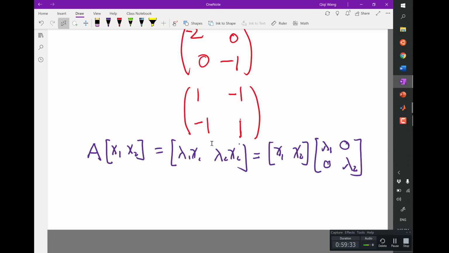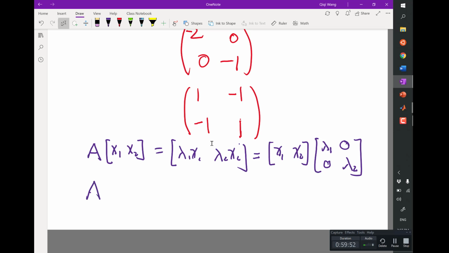If you left multiply by a diagonal matrix, you are multiplying every row by each element on the diagonal. If you right multiply by a diagonal matrix, you are multiplying each column of the matrix by an element in the diagonal. Right? So this is what it is.